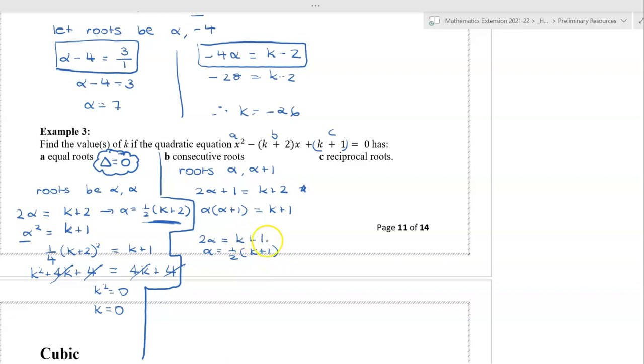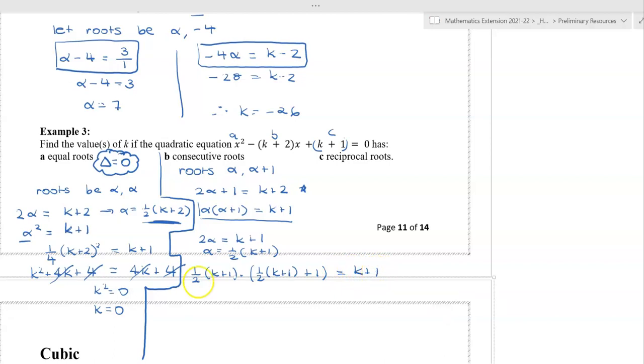And then I'm going to sub it back in to this second equation here. So alpha, that's 1/2 (k plus 1), times 1/2 (k plus 1) equals k plus 1. So messy.